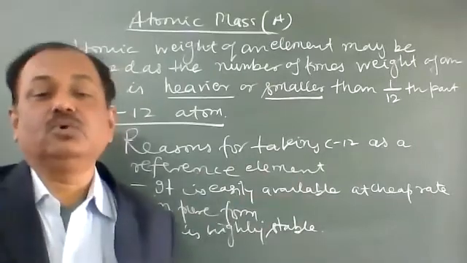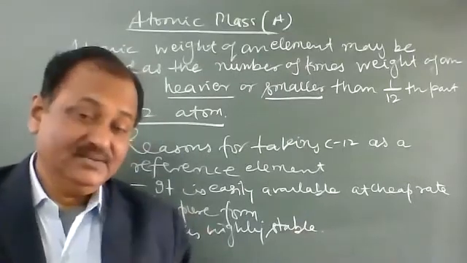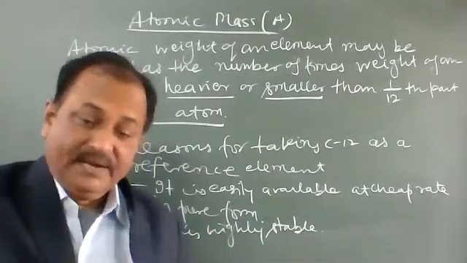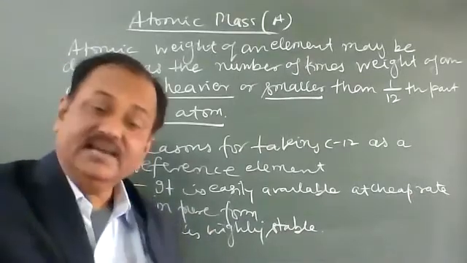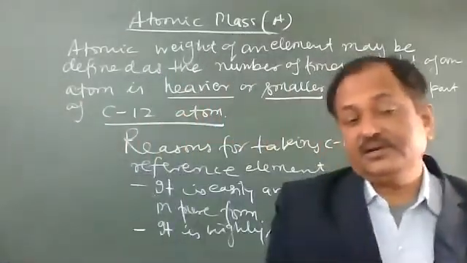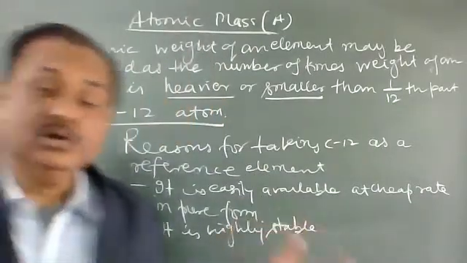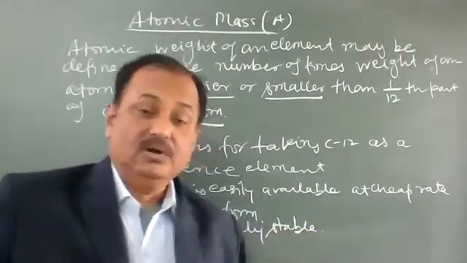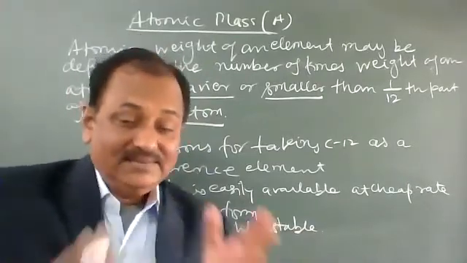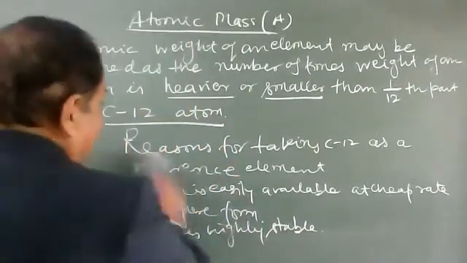Millions of years ago, coal was formed by the carbonization of trees, and we mine the coal from inside the earth. But if we keep a piece of coal on the earth, it will remain as it is. All forms of coal, whether it is coal, charcoal, or coal obtained from wood, are the same. So this is the reason for taking carbon 12 as a reference point.